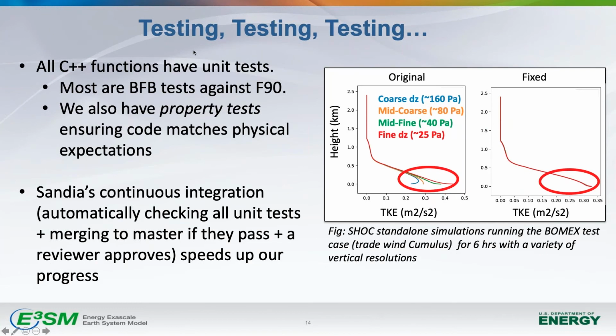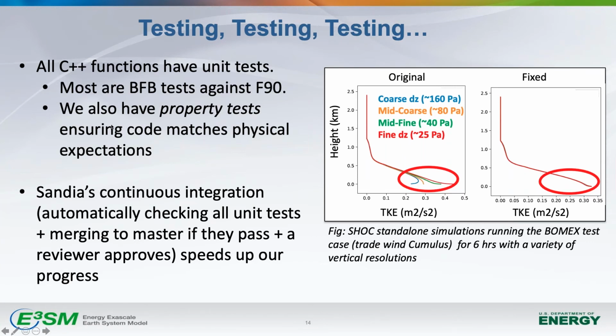I mentioned unit testing, and that's something that I think is a really critical pillar of this project. All of our C++ functions, we've broken down each of the parameterizations into a bunch of small functions, and they all have unit tests. Most of those tests are just bit-for-bit tests between the Fortran and C++.